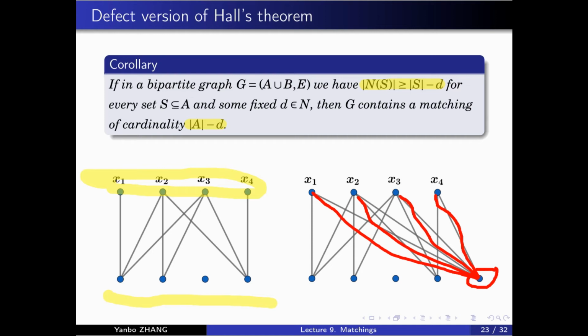So we can find a matching covering A in this new graph. After deleting the new vertices, in the original graph G we can find a matching with |A| minus D edges.